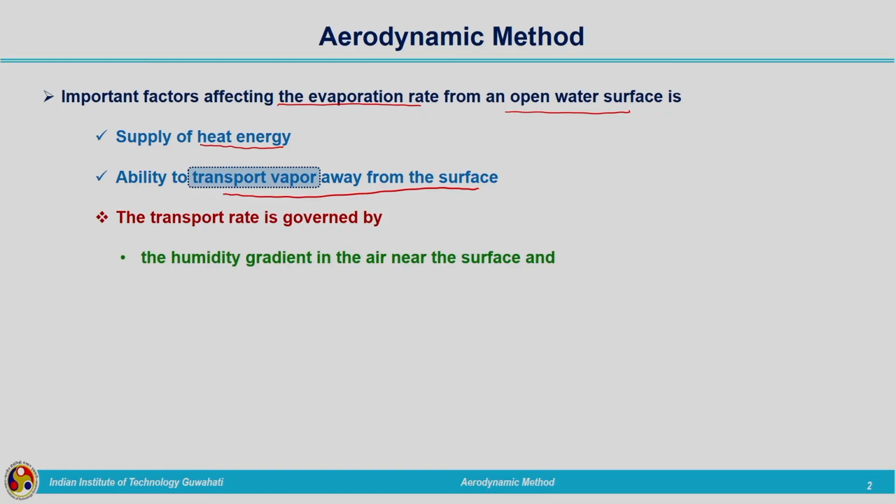The transport rate is governed by the humidity gradient in the atmosphere and wind speed. Humidity gradient means we have a certain vapor pressure corresponding to the given temperature, and there is a maximum capacity for the air to hold water vapor. At that point the vapor pressure will be the saturation vapor pressure.